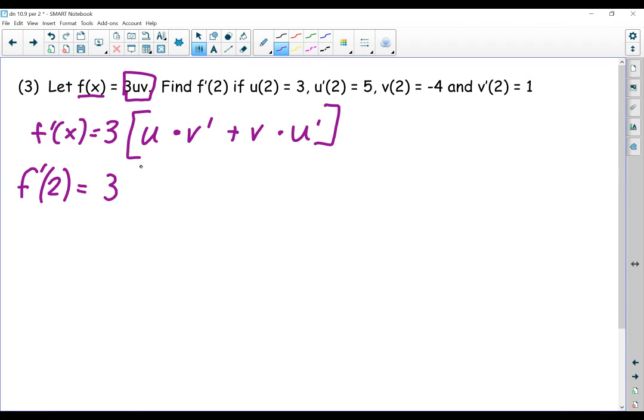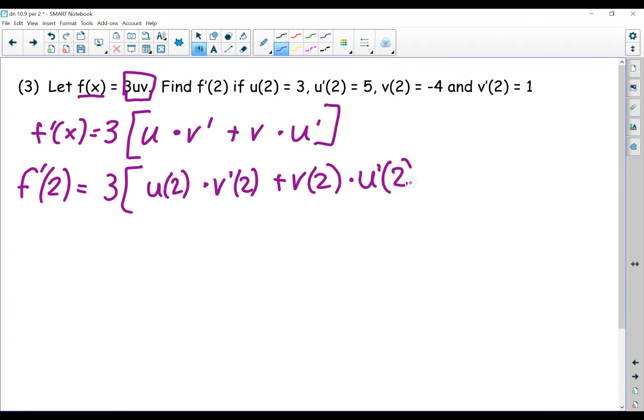So it would just be 3 times whatever u of 2 is times v prime of 2 plus v of 2 times u prime of 2. And then I'm going to ask, do I have that information? And the answer is yes. U of 2, they told me, is 3. V prime of 2 is 1. V of 2 is negative 4.